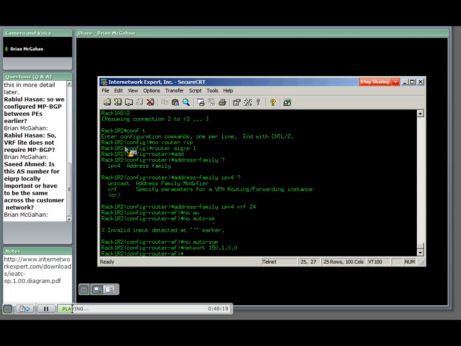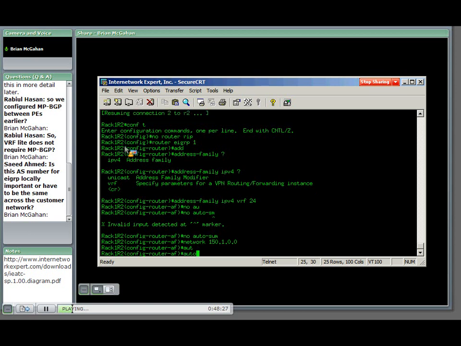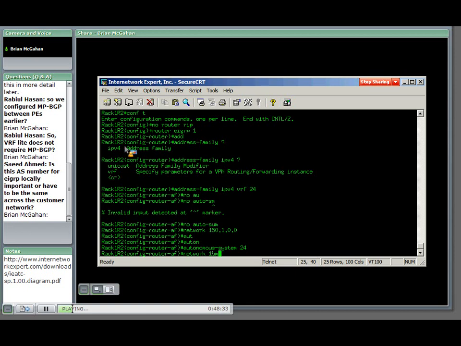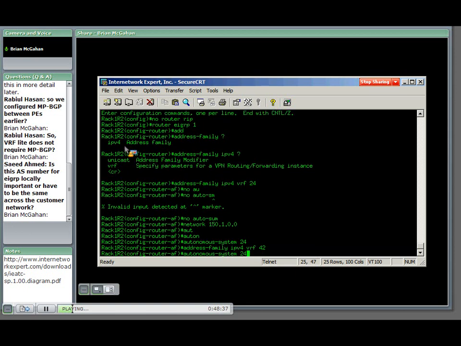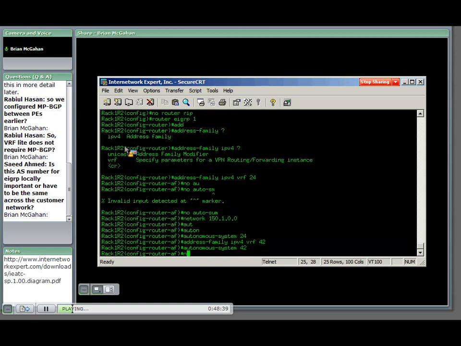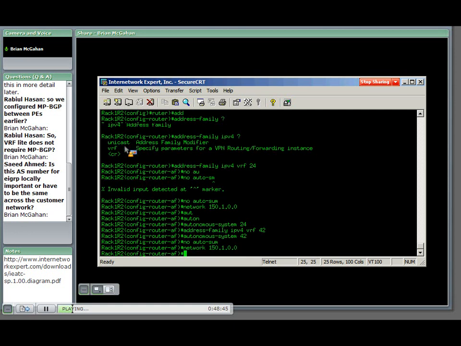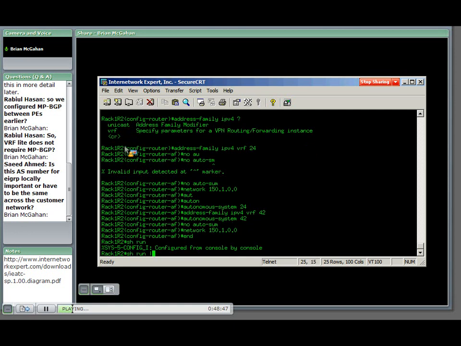In this case, we're saying inside VRF24, just run EIGRP on any interface that starts with 150.1. Then for VRF instance 24, we need to say the autonomous system as well. Our autonomous system number is 24 here. Inside VRF instance 42 will be autonomous system 42, no auto-summary, and network 150.1.0.0.